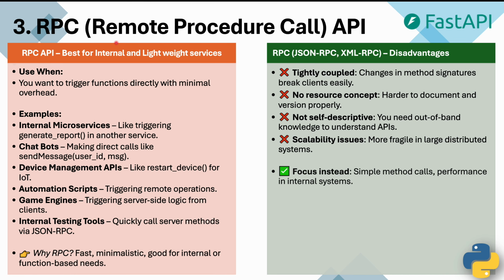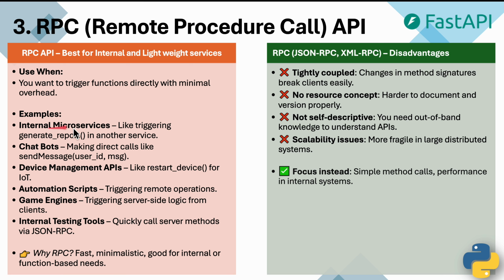RPC API, Remote Procedure Call API. Best for internal and lightweight services. Use when you want to trigger functions directly with minimal overhead, then go for Remote Procedure Call, which is RPC API.